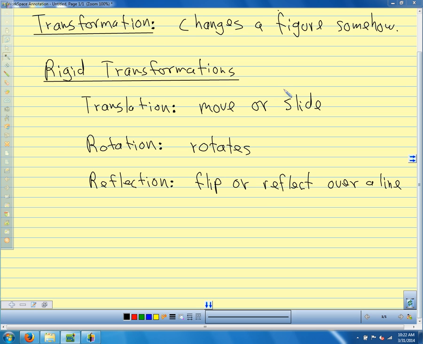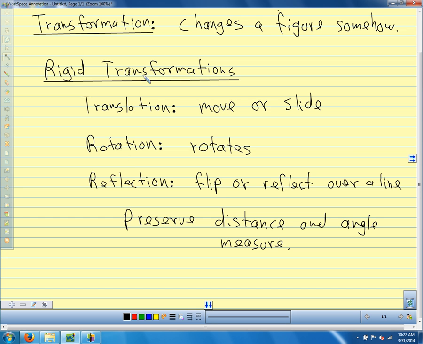So we say that the rigid transformations preserve distance and angle measure. So when we do these transformations to a figure, the side lengths don't change and the angles don't change. So we're keeping it the same size, the same shape.